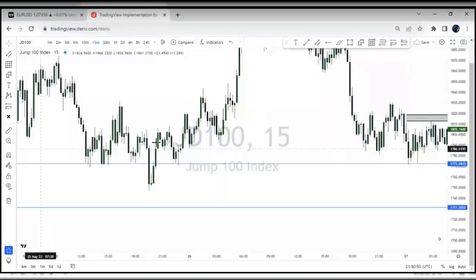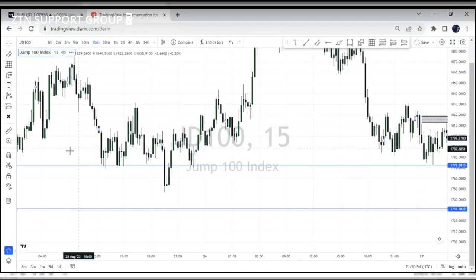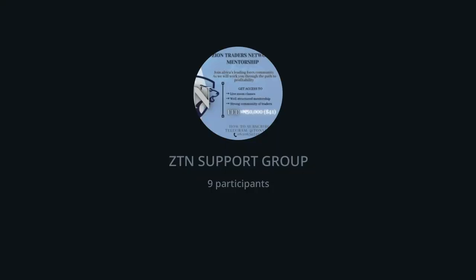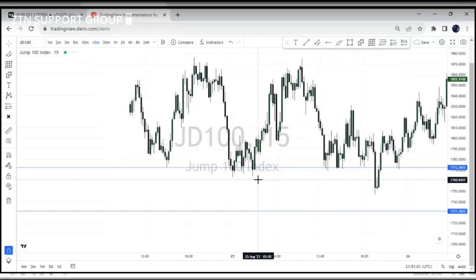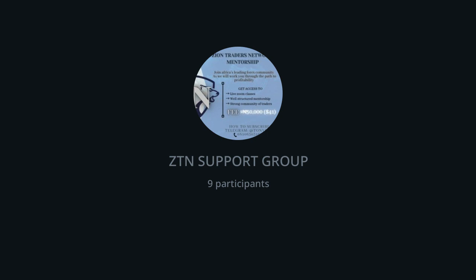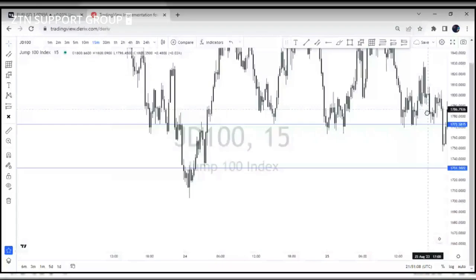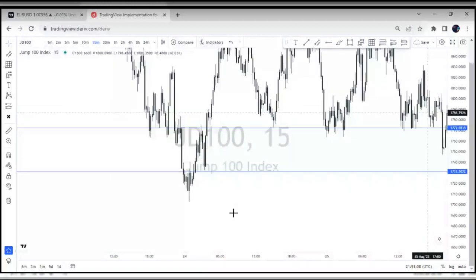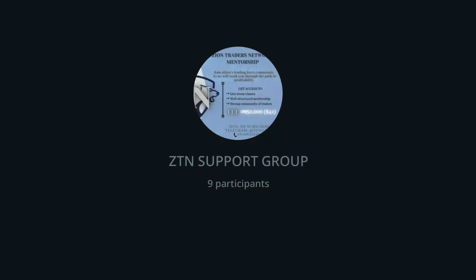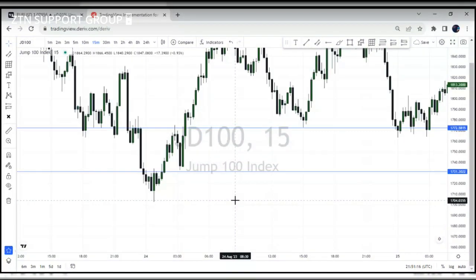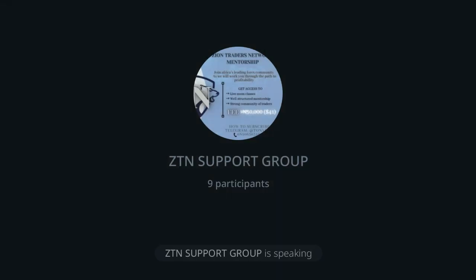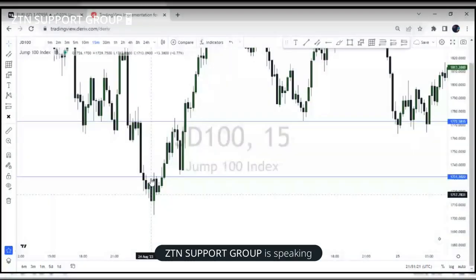Let me zoom. So you can see that when price gave us this break of structure here, this IPA, price filled it completely.